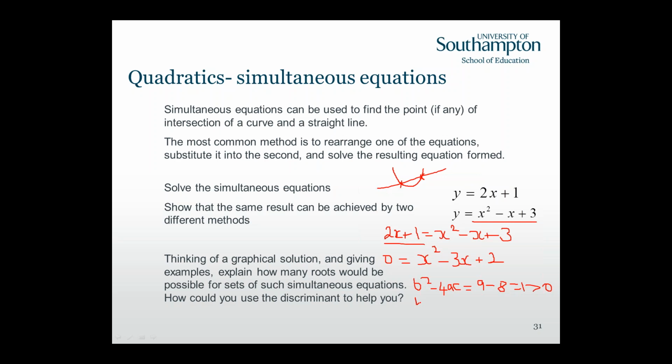If the discriminant of your new quadratic was equal to 0, well, actually, I'll do less than 0. If it's less than 0, it doesn't cross. So that would be like that. What do you think is happening when it's equal to 0?